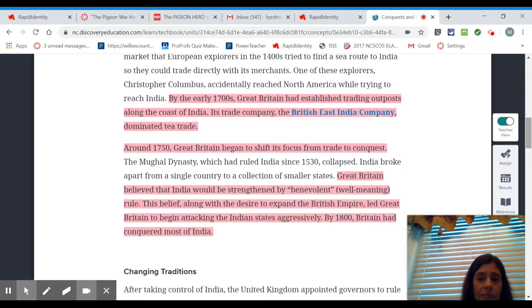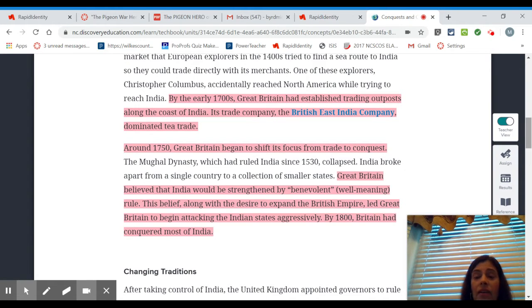So around 1750, we're getting into the 1800s. We're talking imperialism. Great Britain decided it would go beyond just the trade and try to conquer India. So with this idea, this belief that India would be strengthened by its benevolence or its well-meaning rule, that was one reason why they did it.